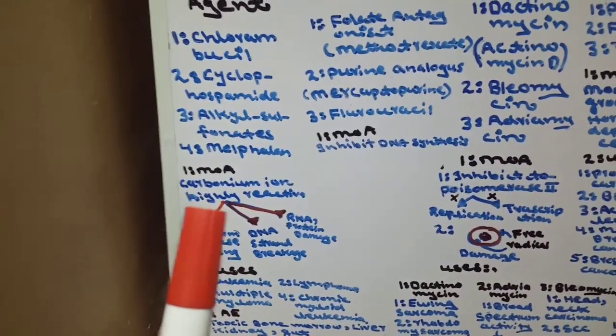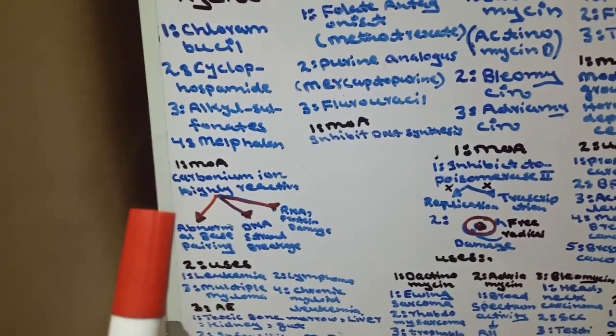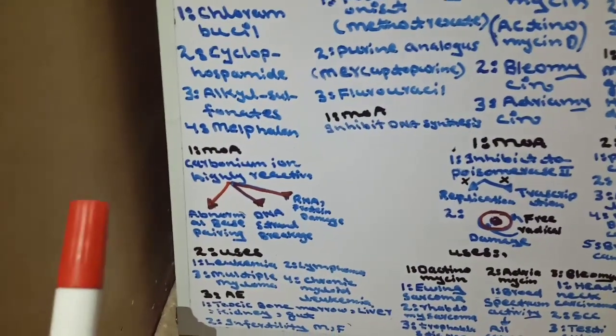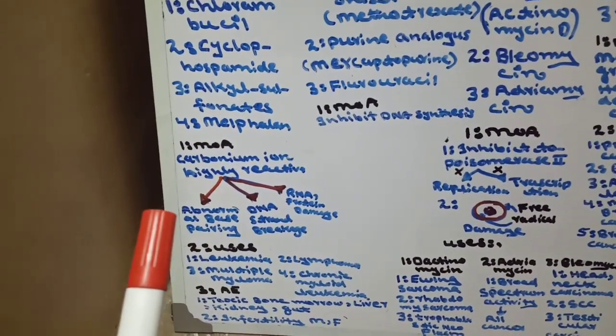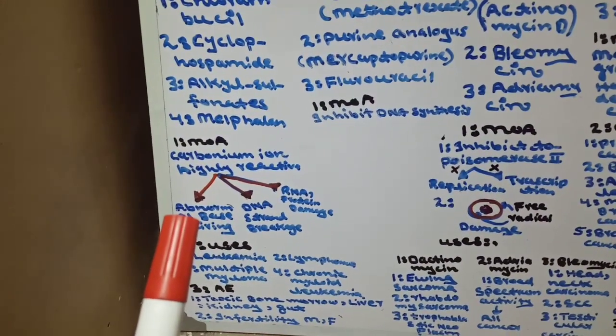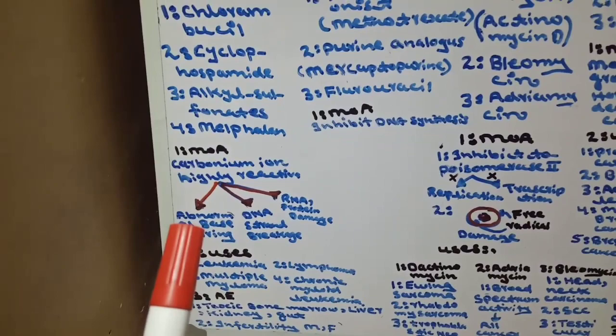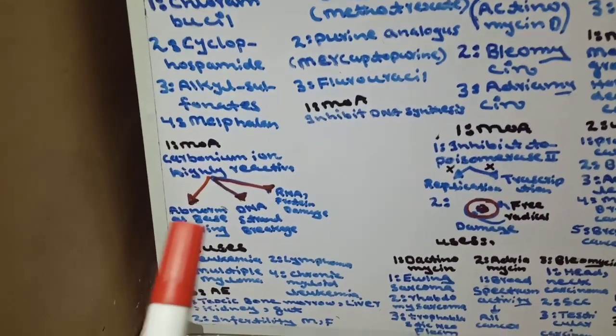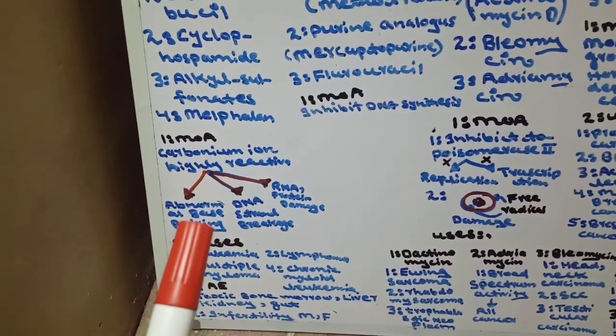Then this carbonium ion does three actions. Number one, it causes abnormal base pairing in the cancerous cell's DNA.